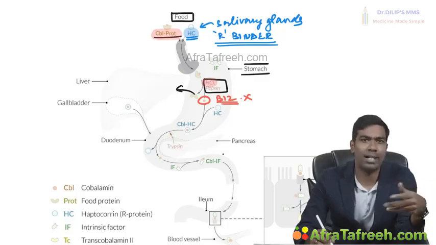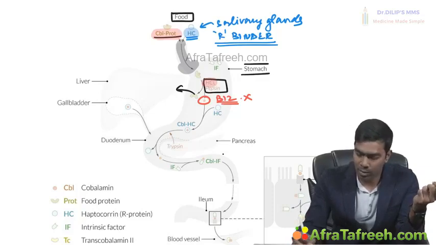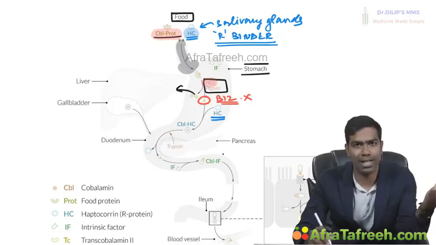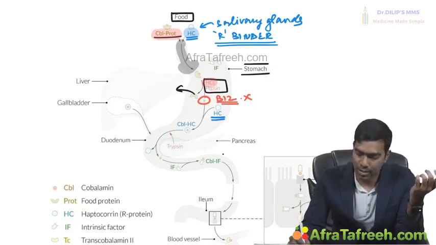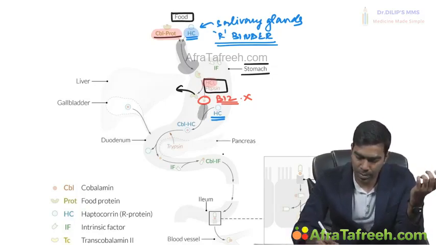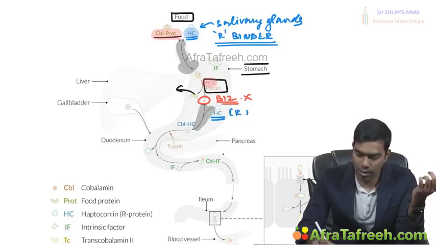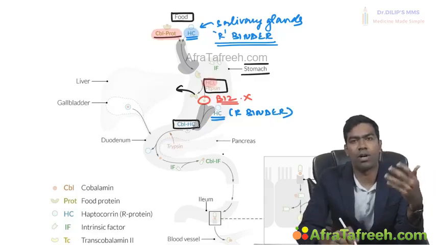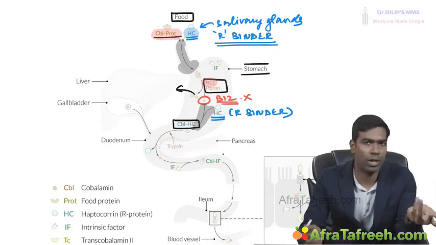To avoid this destruction by the stomach acid, this B12 is going to mix with your haptocorin, which is already present in the digestive juice, coming via the saliva that you swallow. So this B12 mixes with the haptocorin, otherwise referred to as R-binder, and they form a complex called the B12 haptocorin complex, or cobalamin haptocorin complex, or B12 R-binder complex, whichever way you want to call it.